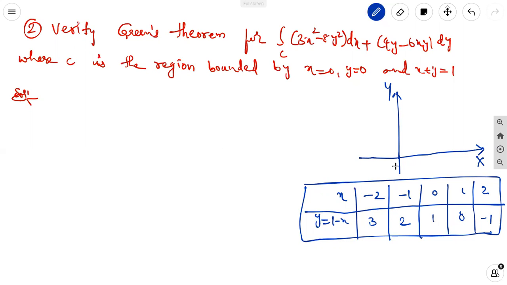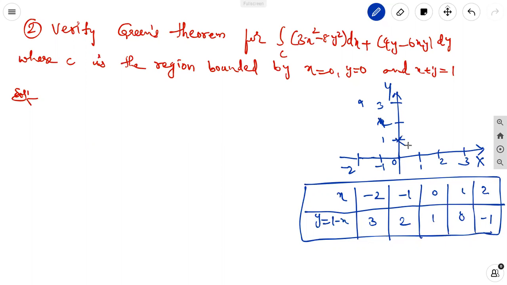So here we can take 0, 1, 2, 3, and this is minus 1, minus 2. Here for minus 2, y is 3, and for minus 1, it's 2.